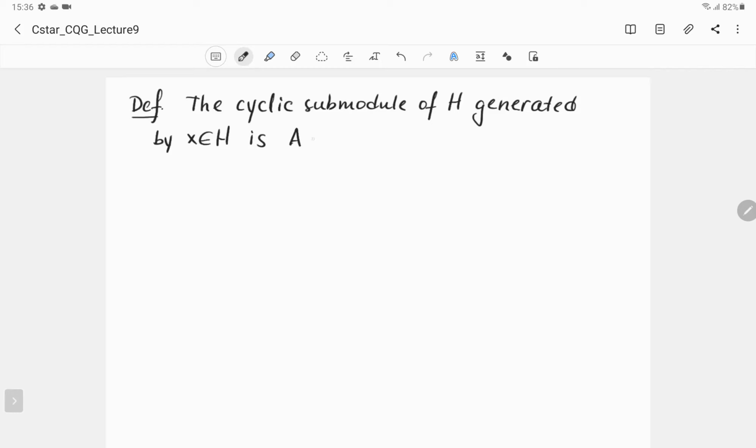We denote it by Ax. So this is the closure of all elements of the form ax, where a runs over our algebra.